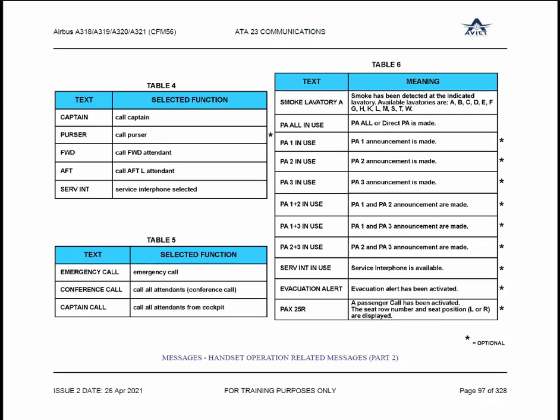Clear? So these indications will help you out. If there is a problem and cabin crew report that I'm not getting the indication, you can figure out based on the signal flow where the problem is. Clear, sir?